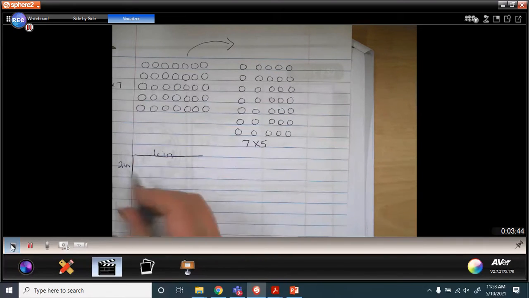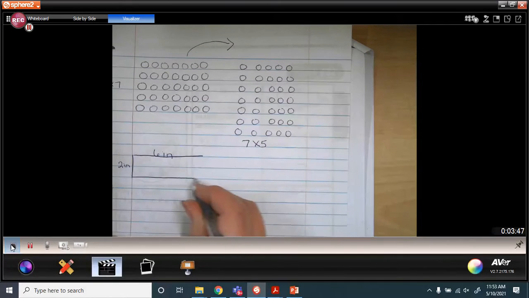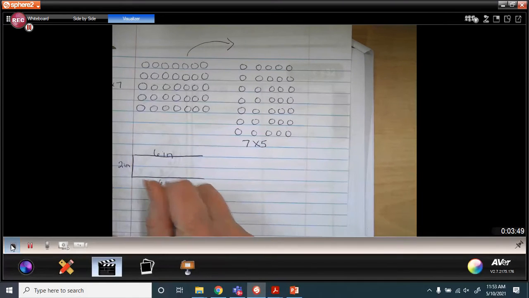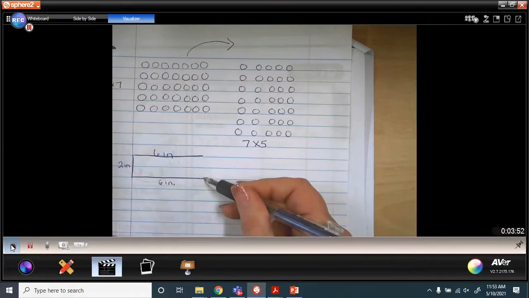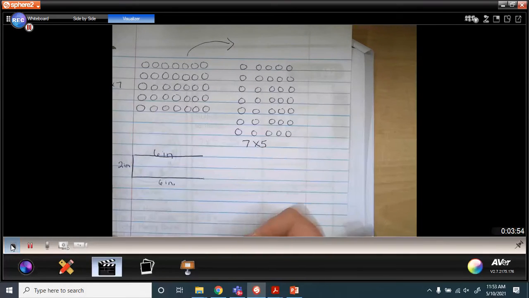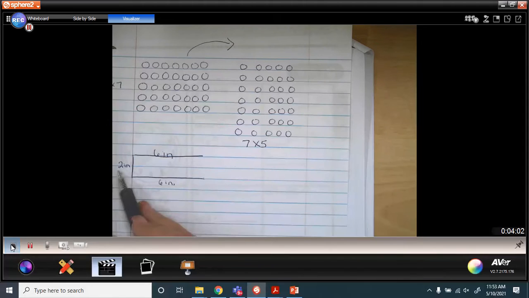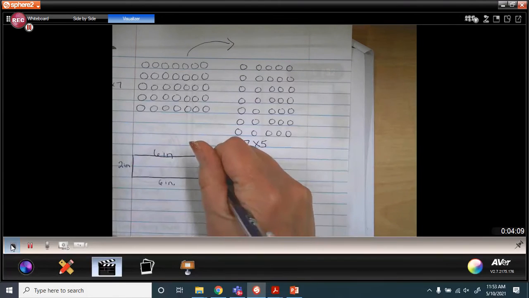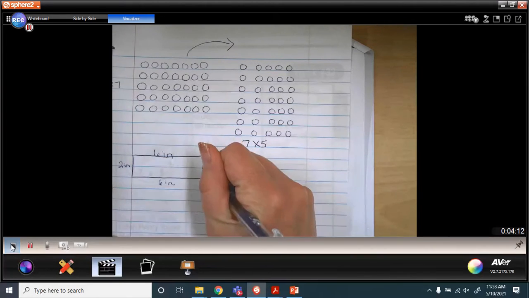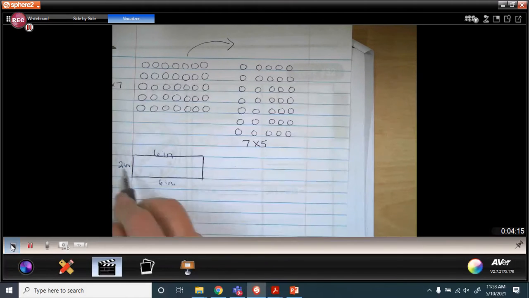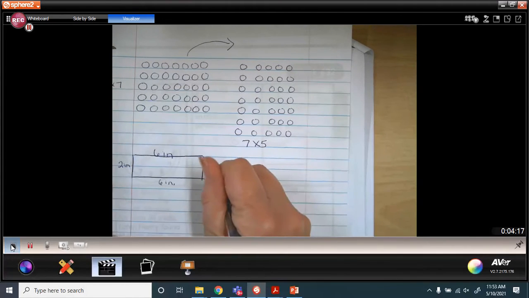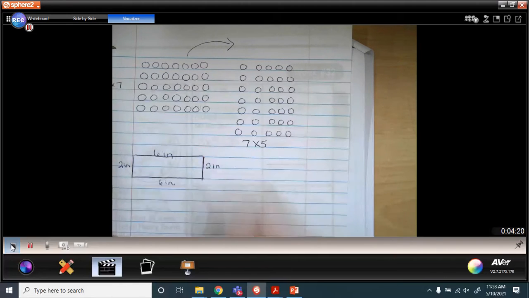Now, I'm going to draw another line here. And this line is also going to be 6 inches because these are parallel to each other. That means they're the same distance apart and they're the same length as each other. So now I've got 6 plus 2 is 8, and 6 more is going to be 14. And then I'm going to draw another line this way, and now this one's going to be a length of 2 because I have 2 spaces, 1, 2 inches.